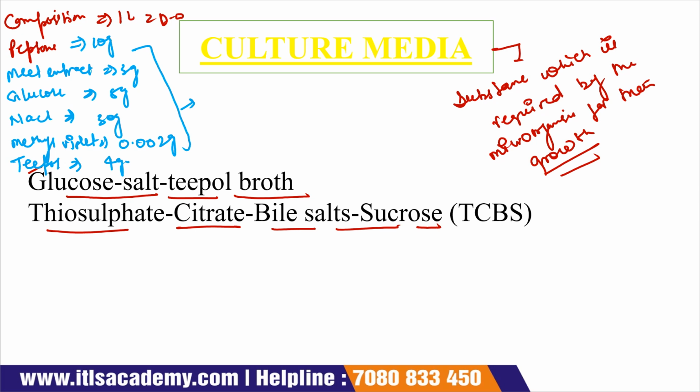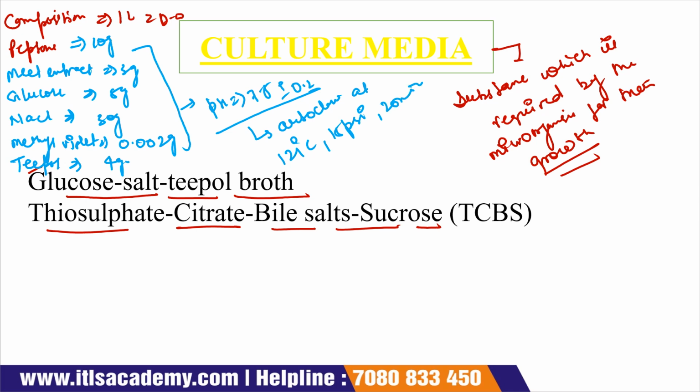The final pH will be 7.5 plus minus 0.2. Then it is autoclaved at 121 degrees Celsius, 15 psi pressure, for 20 minutes.